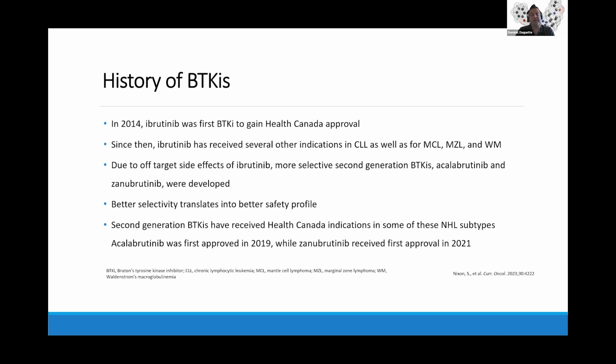There are side effects to ibrutinib, and that's why the second generation BTKis tried to have a more selective profile, which would have fewer side effects. That was the plan. So we'll see whether this is the actual case or not. So acalabrutinib was first approved in 2019, and zanubrutinib was first approved in 2021.